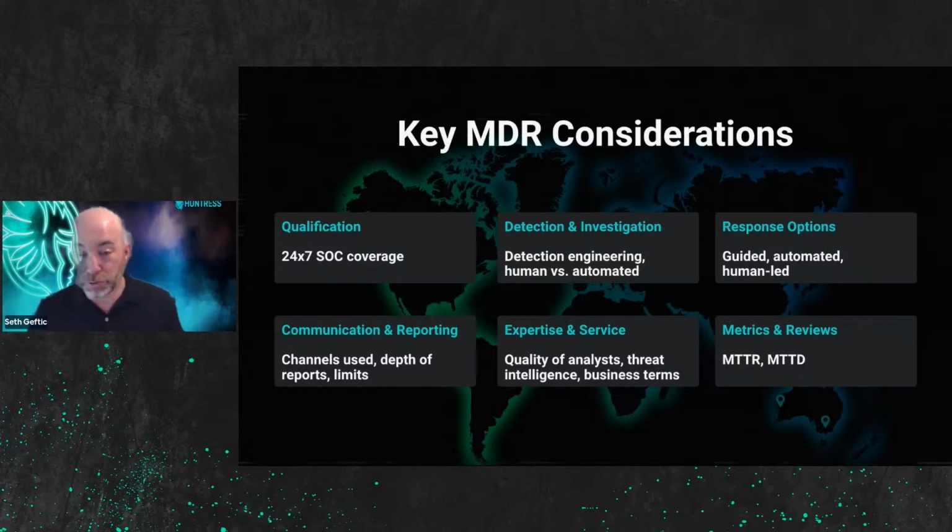Is that because your tool is flagging a ton of low-level incidents, like potentially unwanted programs or things that are not high priority, and you have automation built in that will make that mean time to respond go down really, really quickly because it's 90% fluff and you're handling it with automation? Yeah, that's a good way to lower your mean time to respond, but it doesn't give you a really good metric to understand how fast you're going to be and how helpful you're going to be in a real situation.